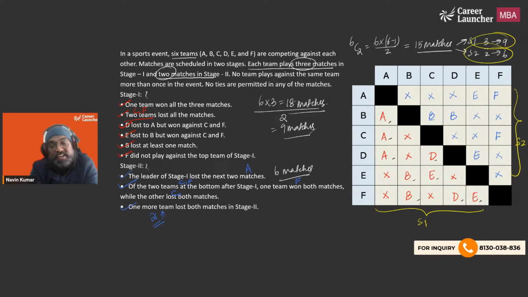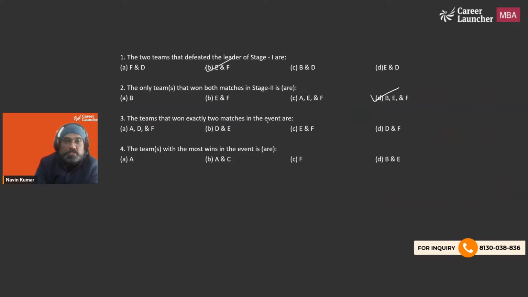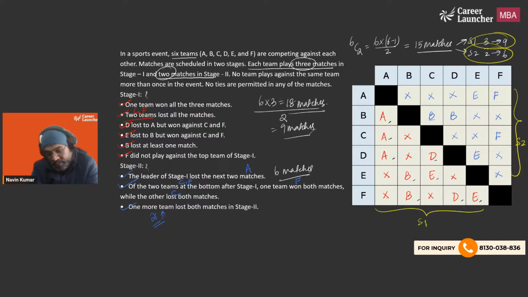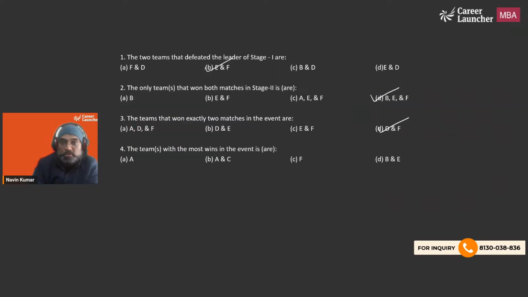So it's D and F which are written 2 times. So again, option D. The team or teams with the most wins in the event. So indirectly, they're asking which letter we see the maximum number of times. So we see B written 4 times and E also written 4 times. That's the maximum number of times we see them. So it's going to be B and E. Again, option D.